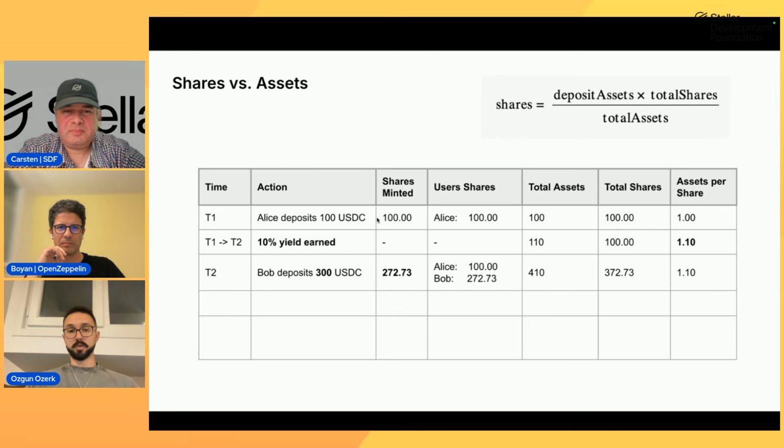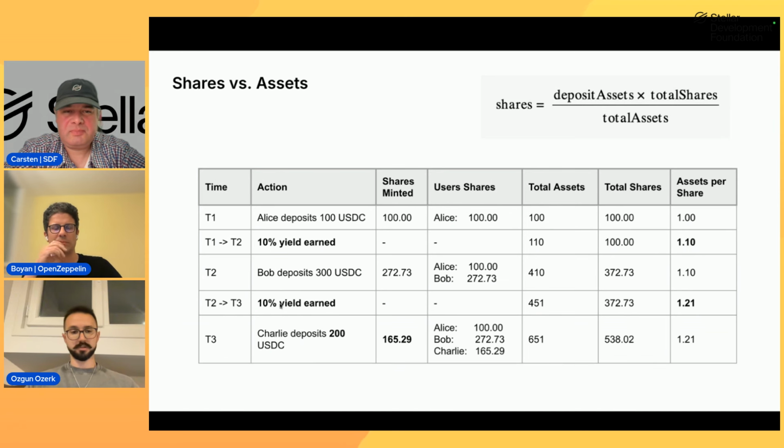So it's not a one-to-one mapping as in the case for Alice, because there was 10%, and this is still fine because if you multiply these shares by 1.1, you will get 300. So it is still fair. And let's say another 10% of interest has happened, and now Charlie deposits 200, and the amount for shares would be 165.